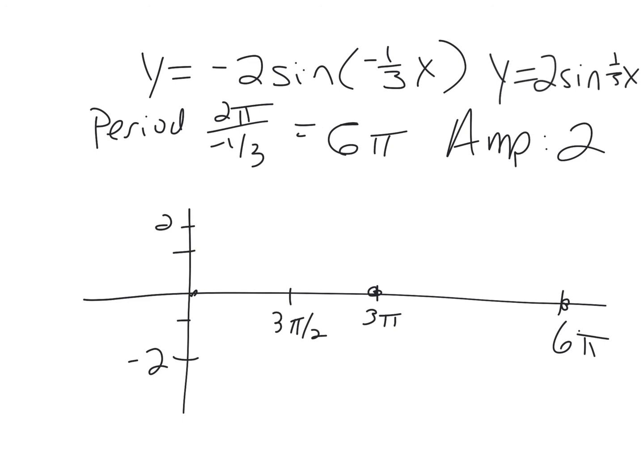So really, at 3 pi over 2, we're going up to 2, like we normally would in a 2 sine 1/3 x type of graph. So those negatives kind of outdid themselves here. They just cancel each other out. So we got one of those going on, and halfway between 3 pi and 6 pi is going to be 9 pi over 2, all the way down to -2. And there is one cycle of -2 sine of -1/3 x.